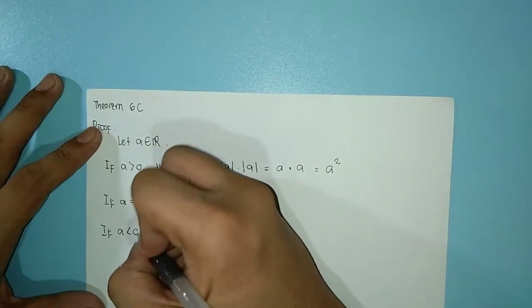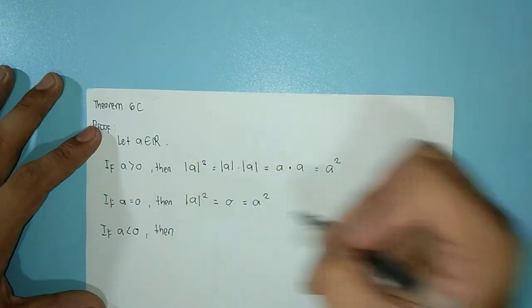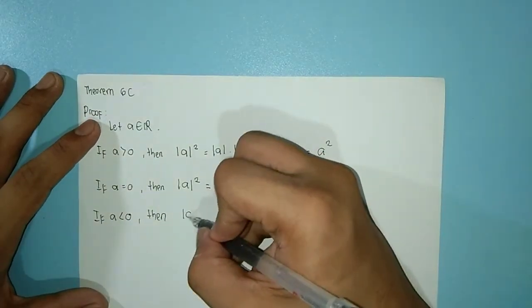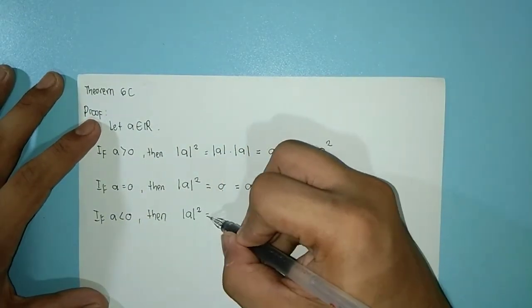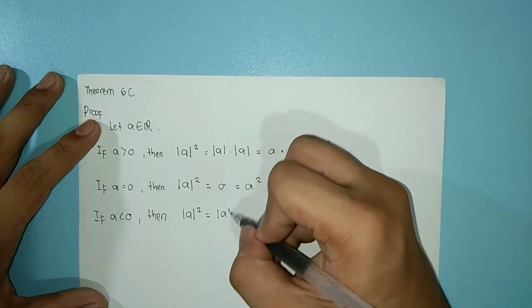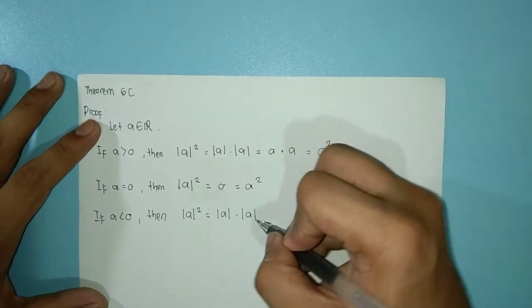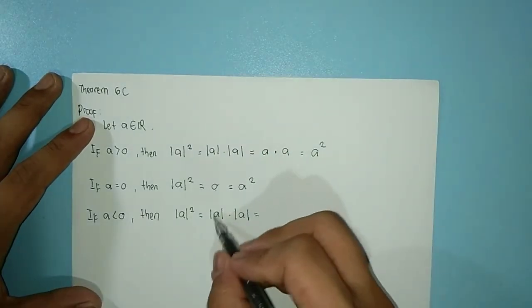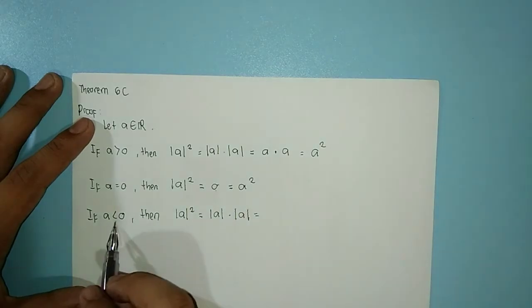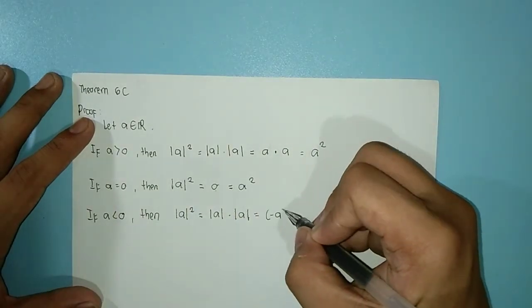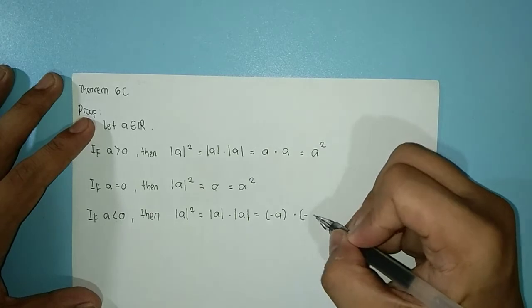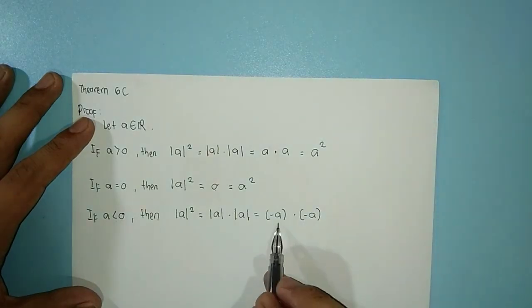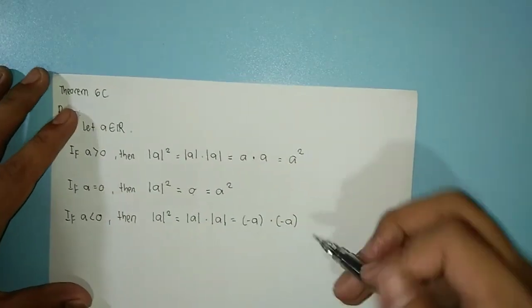If a is less than 0, then the absolute value of a squared is equal to the absolute value of a times the absolute value of a, and what is the absolute value of a? Kung less than 0 siya, that is negative a times negative a. And what is negative a times negative a?